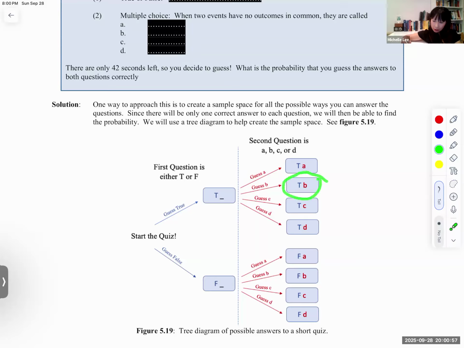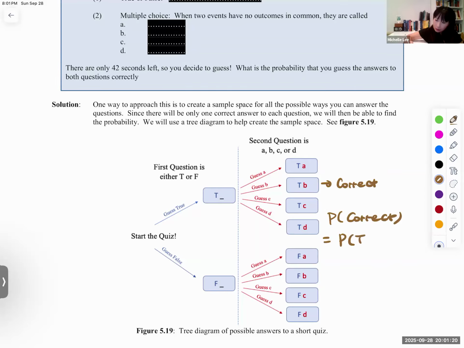Then if this one is the correct answer, assume this is the correct answer, then what's the probability that we get the correct answer, right? So in the case, the true-false is correct, and the multiple choice is correct too, right?